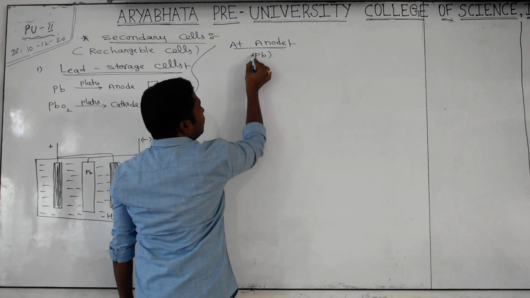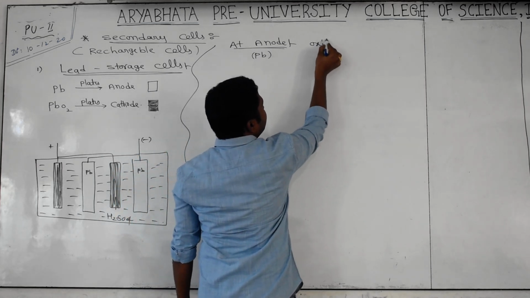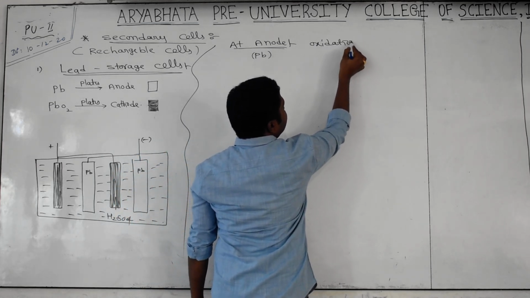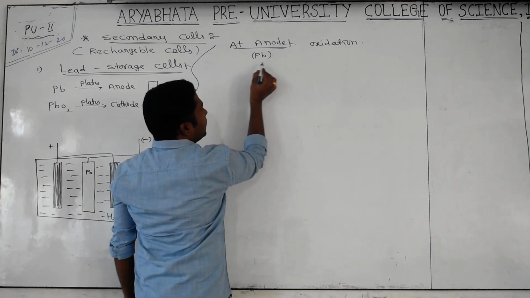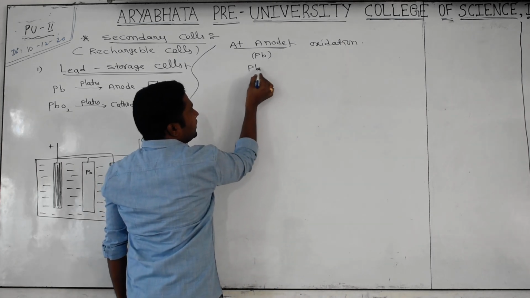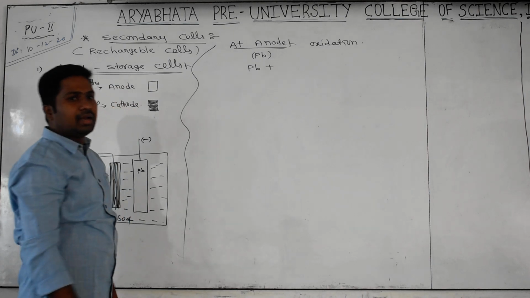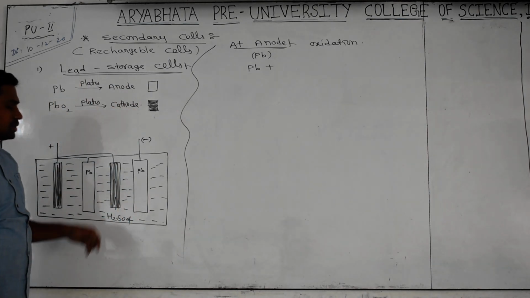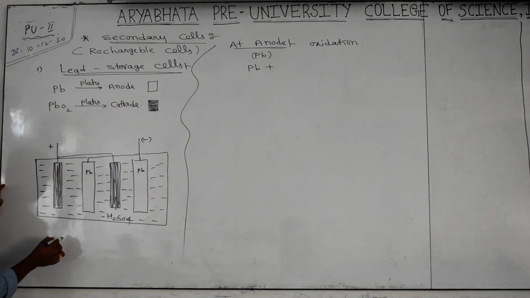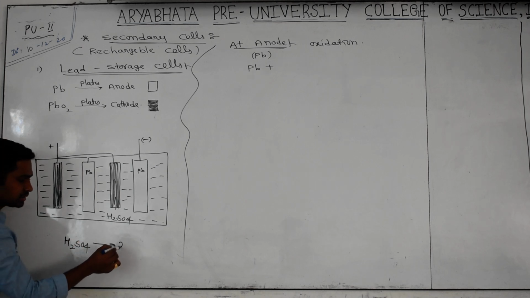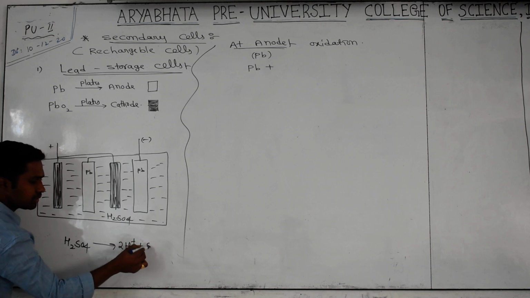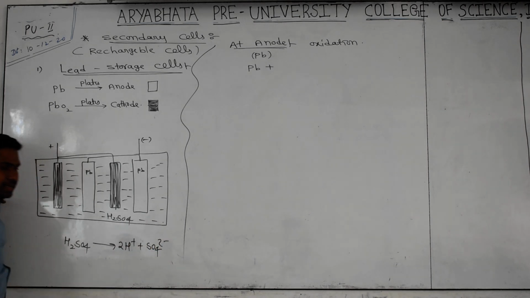Generally at the anode, oxidation will be taking place. Now lead is in contact with the electrolyte, sulfuric acid. You know very well, sulfuric acid is a strong electrolyte. That's why it decomposes like 2H+ and SO4 2-.